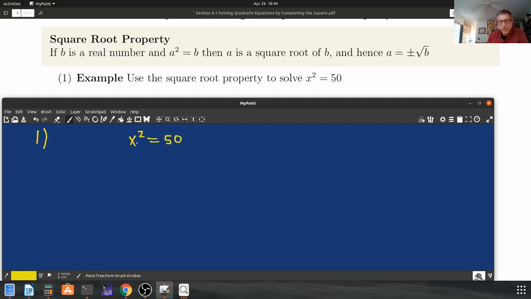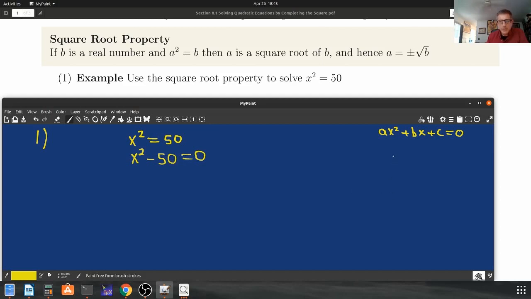And the way we always solve these problems is we put them into the general form of ax squared plus bx plus c is equal to 0. So I need this to be in that form. So I have to move the 50 over. So I get x squared minus 50 is equal to 0.